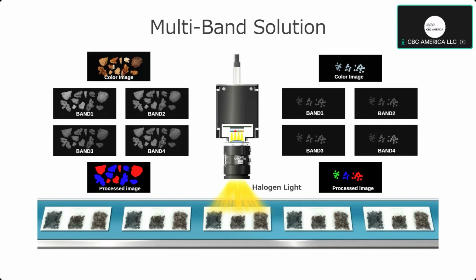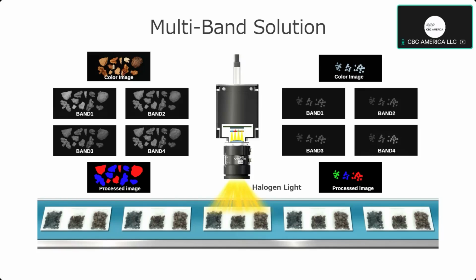But if you photograph this with each of the bands mentioned, the images shown below, since the absorption spectrum of each subject is different, by extracting these characteristics and processing the image, we now can distinguish and sort a wide range of products that were nearly impossible to sort before. Similarly, the image on the right is almost indistinguishable.